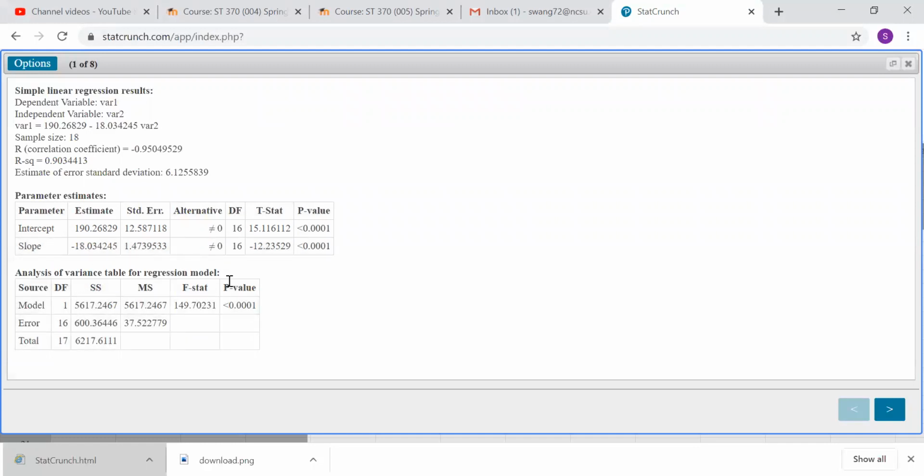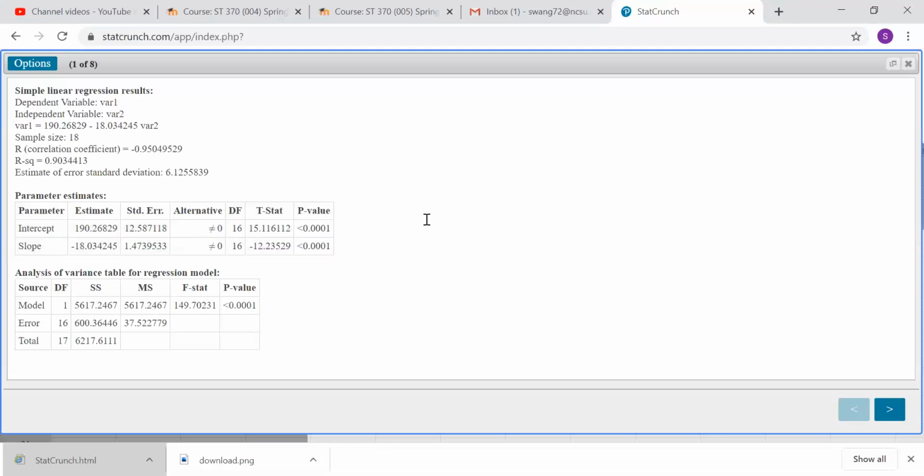This is an ANOVA table. We didn't talk about ANOVA, so let's ignore it here. We also didn't talk about the inference for the regression, so we are not going to talk about this part as well. But if you learn more stats in your future class, you could see that those p-values are significant, so those intercept and slope estimates are significant.